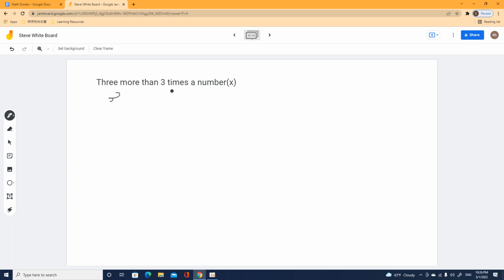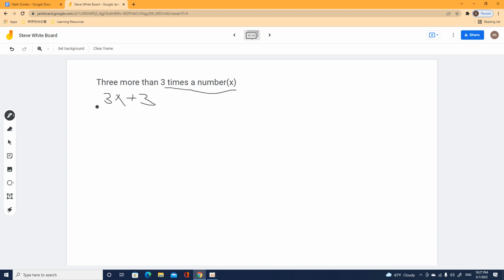First we care about this part, 3 times the number, so that should be 3x. And they have another part, 3 more than 3 times the number, so we should plus 3.